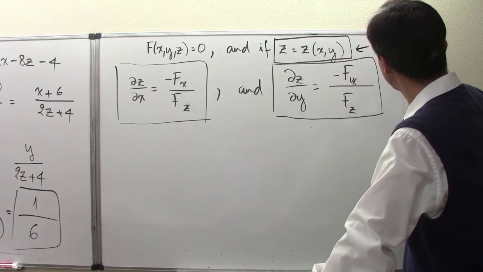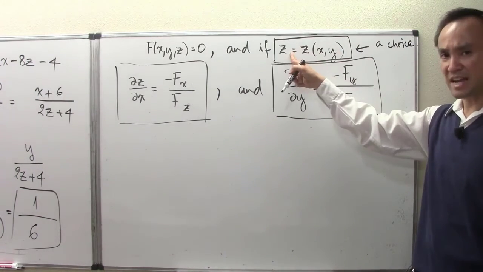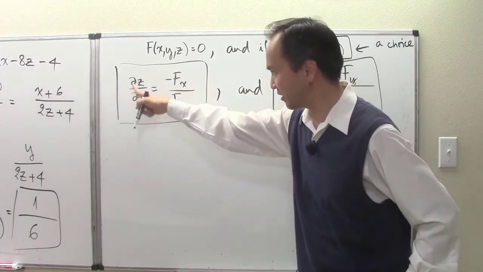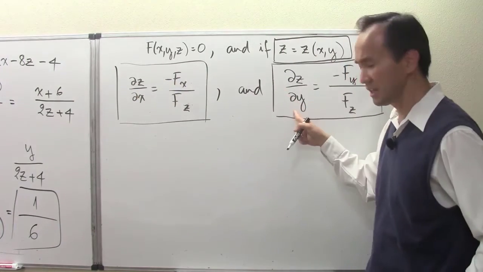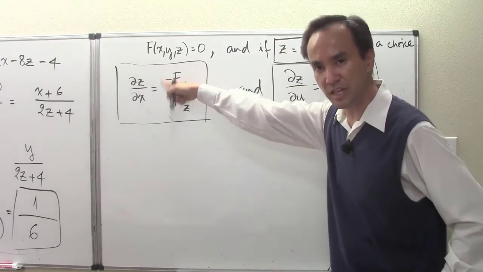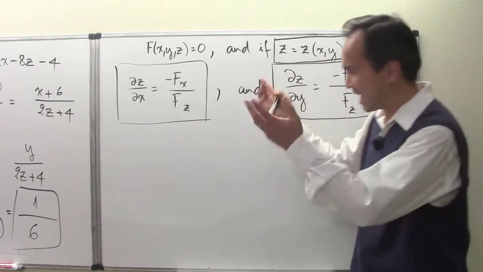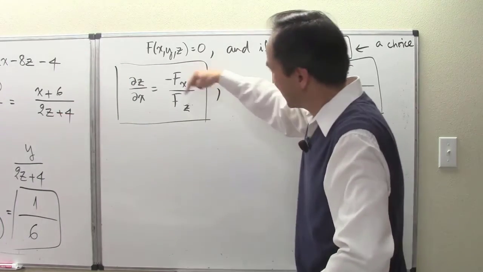Once we have made that choice, then we can find dz/dx and dz/dy, the partial derivatives of z with respect to x and with respect to y.